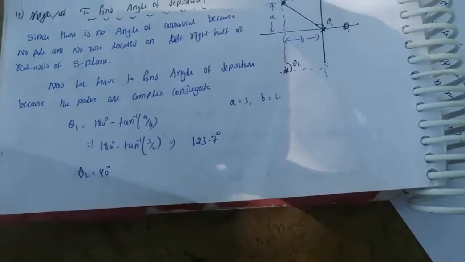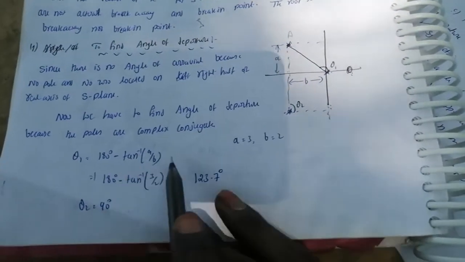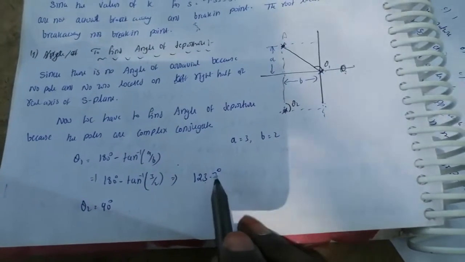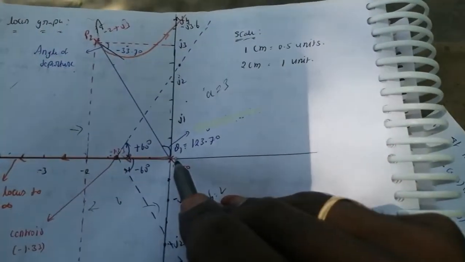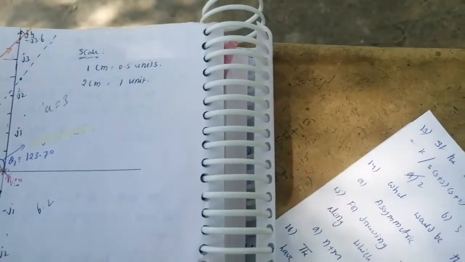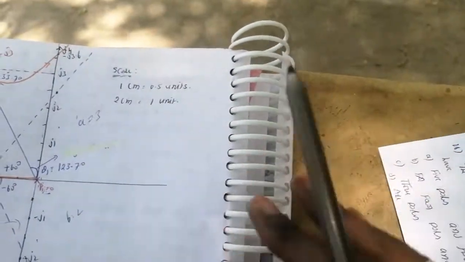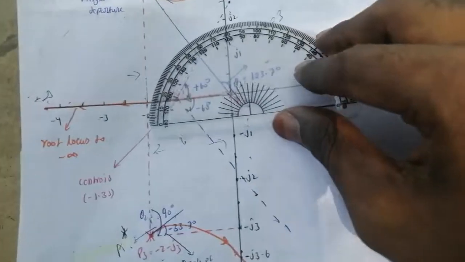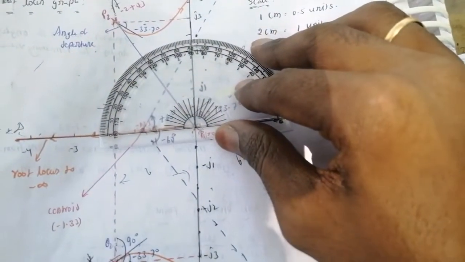If you substitute theta equals tan inverse of A by B, then you will get 123.7 degrees. So this line should be at 123.7 degrees. Let me check whether it is 127 or not. How can we draw the axis? Take the protractor here, just place it at the midpoint.